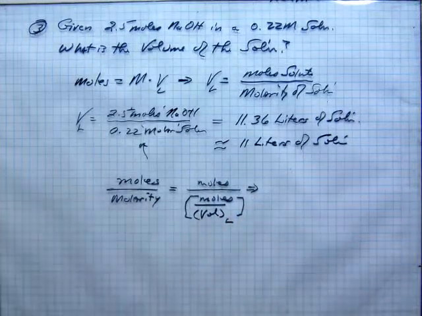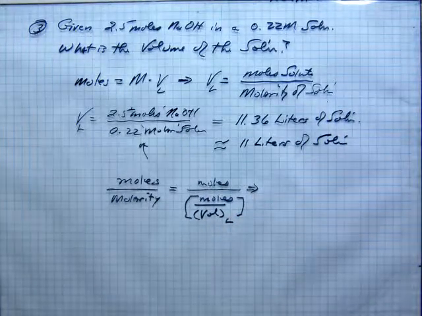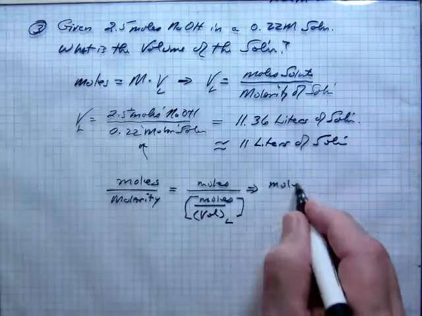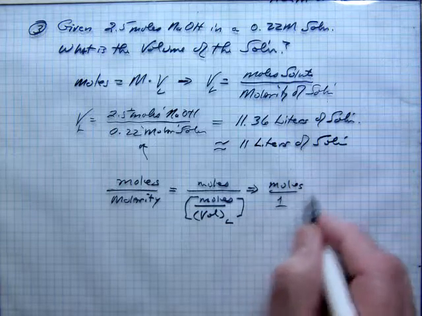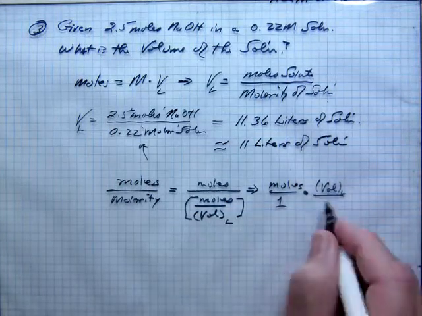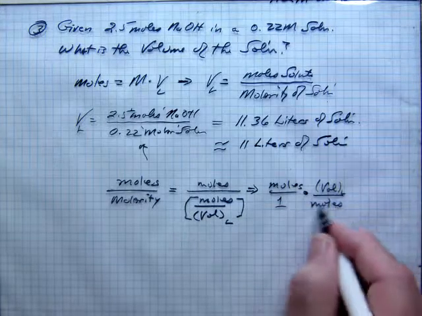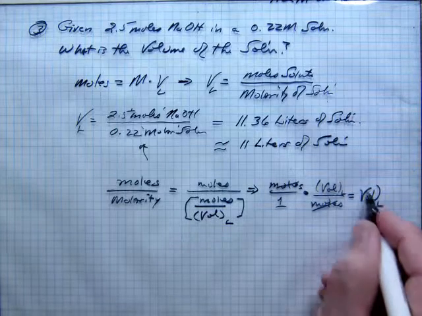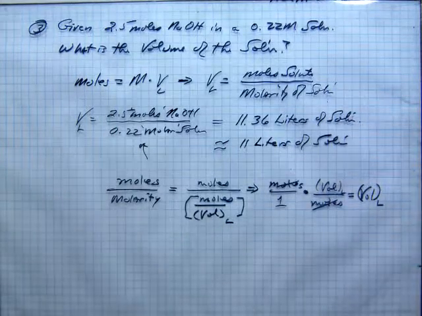And so to simplify by math, it's just a ratio. This will give you moles over 1 times volume in liters over moles. And so moles cancel out, and we're left with volume in liters.